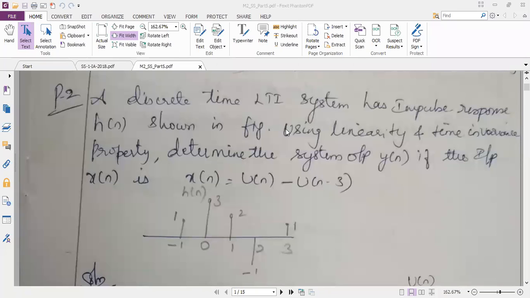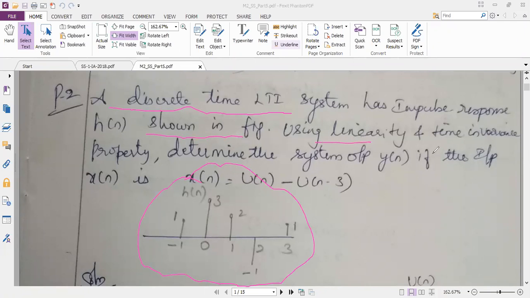Okay, you can see the question on the screen. You can just copy this question. A discrete time LTI system has impulse response h of n shown in the figure. So you have the impulse response. h of n is nothing but the impulse response. So h of n is this.